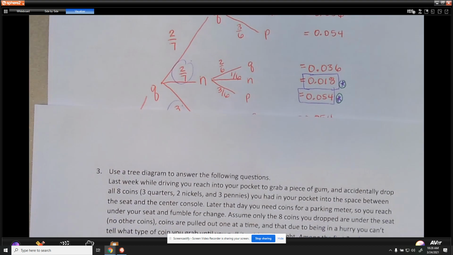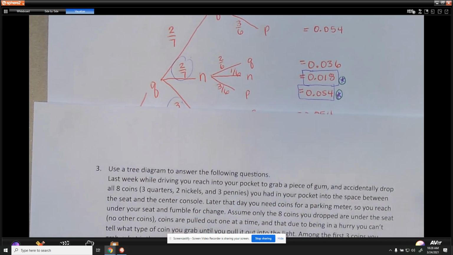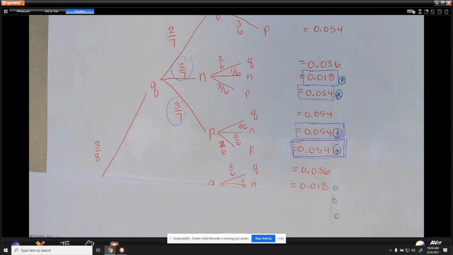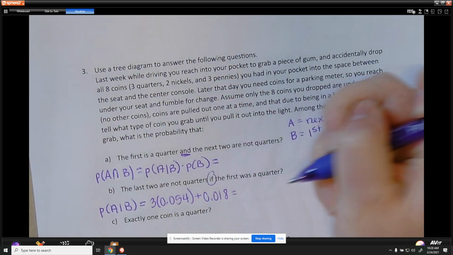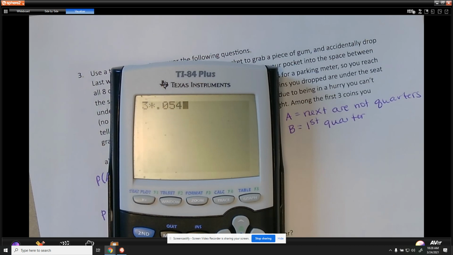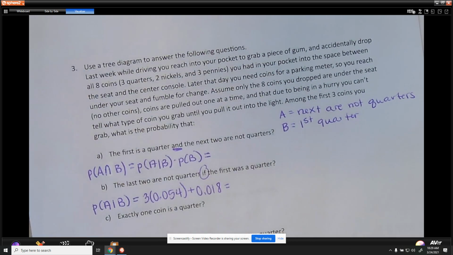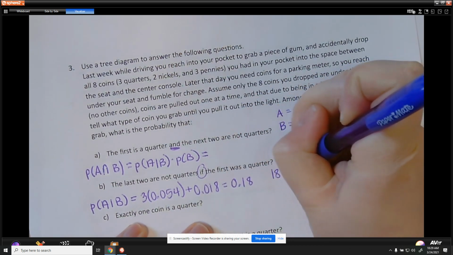So this plus this plus this is the same thing as 3 times 0.054 plus 0.018. I can do this in a calculator. Oh wait, sorry, 0.018. So 0.162 plus 0.018 is 0.18. So about an 18% probability.